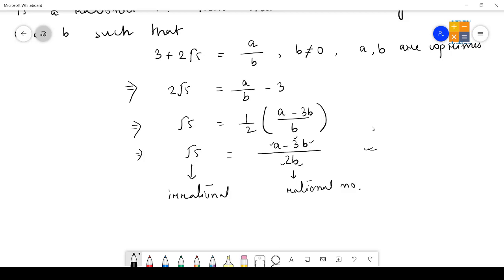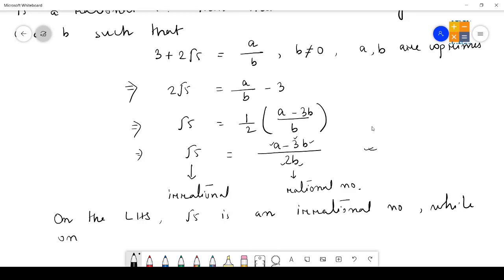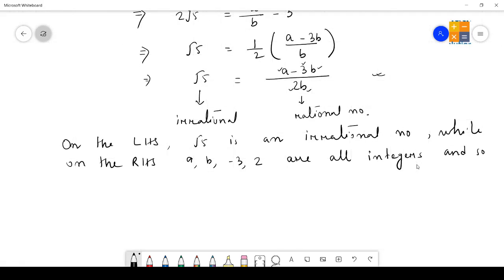So we can write here, on the left hand side, root 5 is an irrational number, while on the right hand side, a, b, minus 3, 2 are all integers, and so a minus 3b by twice b is a rational number.